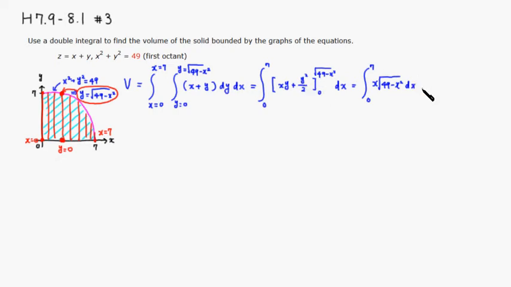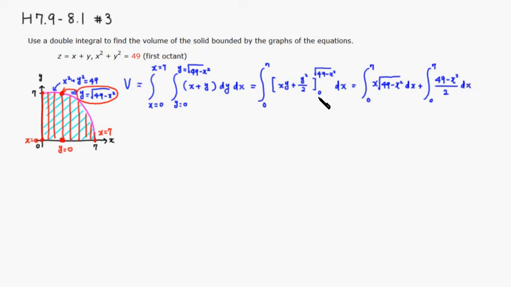Then it's going to be plus the integral from 0 to 7, right? If you plug it in here, it gets squared, so the square root is going to be gone. So it's 49 minus x squared over 2 and dx.